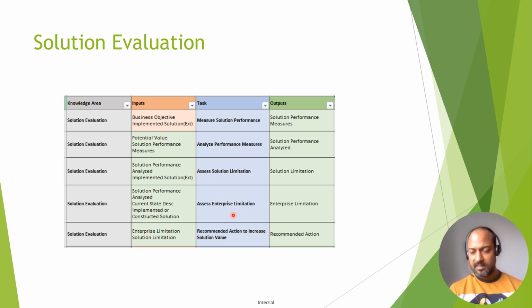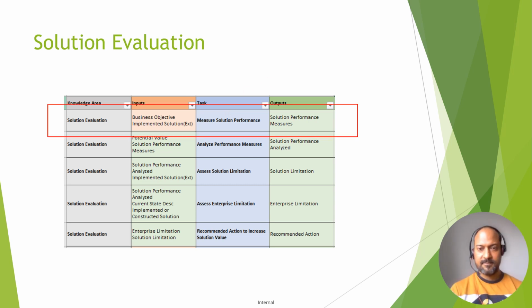And then we recommend the actions, either to remove those constraints that are limiting the full realization of the value out of that solution, or to increase the solution value. So these are the tasks that we'll go through, and today we will discuss measure solution performance.